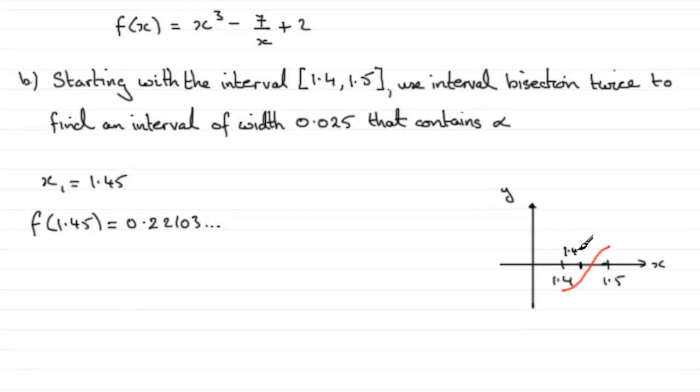Now you can clearly see that my sketch here is now wrong because I've got at 1.45 the value would have been negative. We have now seen that it is positive, so that tells us that the graph looks something like this: as we come through here it was negative but it's now positive at this point.